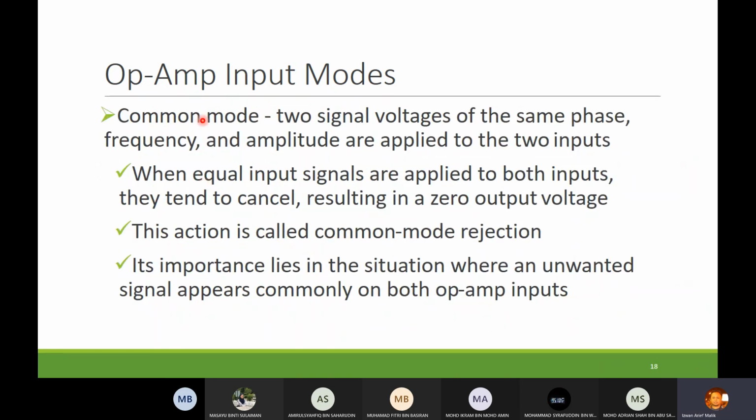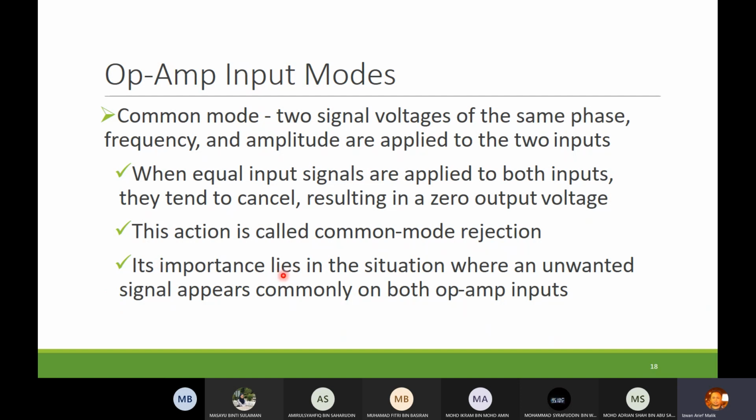The second one is the common mode, where two signal voltages of the same phase, frequency and amplitude are applied to the two inputs. So when equal input signals are applied to both inputs, they tend to cancel, resulting in a zero output voltage. Okay, so kalau sama, then dia akan cancel lah. This is called common mode rejection, CMRR.